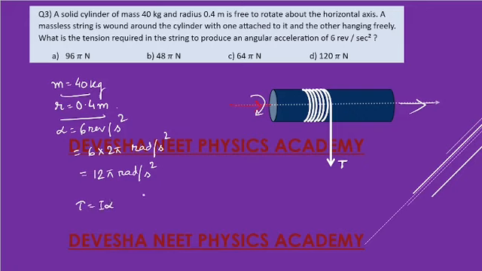And we also know that I for a cylinder is equal to mr square by 2. So half into m, which is 40 kg, into r, which is 0.4, whole square.